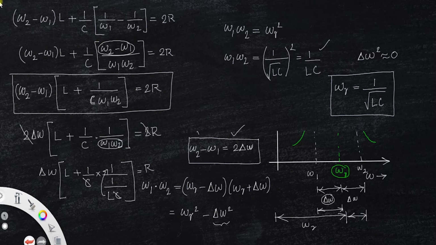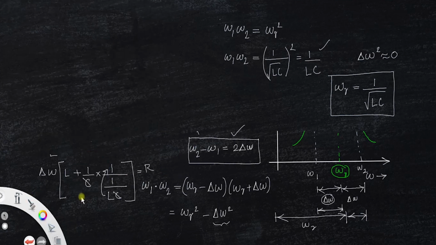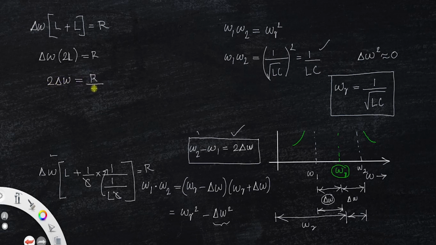So delta omega into L plus L equals R. So delta omega into 2L is R, or you can write 2 delta omega is equal to R by L. Clear? So bandwidth is equal to R by L.